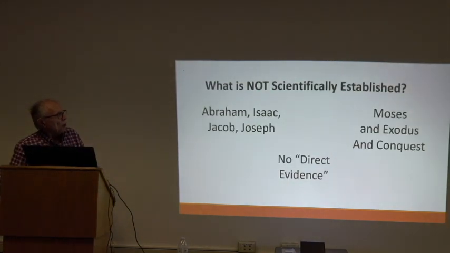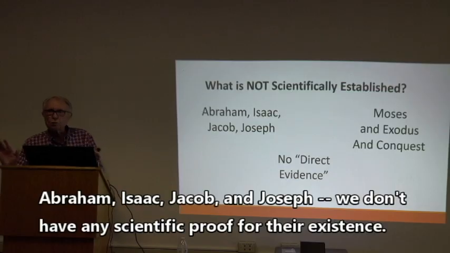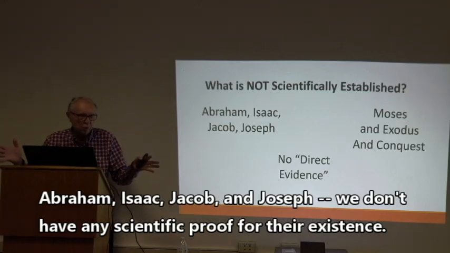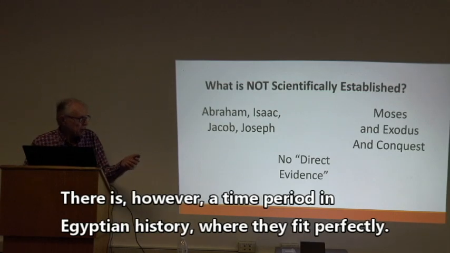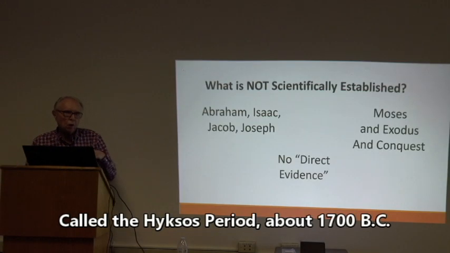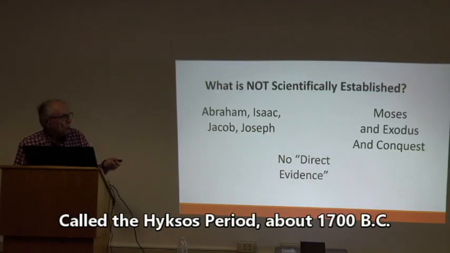And so what is not scientifically established here? Well, Abraham, Isaac, Jacob, and Joseph, we don't have any scientific proof for their existence. There is, however, a time period in Egyptian history where they fit perfectly, called the Hyksos period, about 1700.